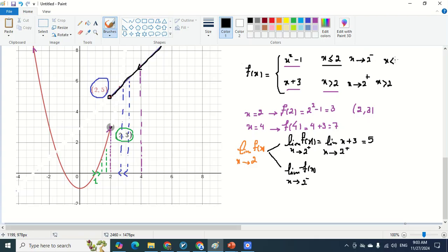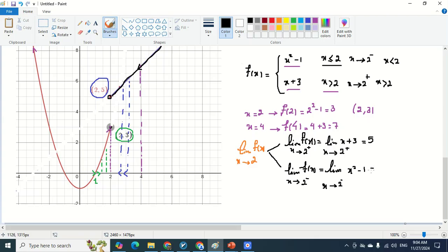So for values less than 2, we have this condition for f(x), meaning that over here, instead of using x plus 3, we should use x squared minus 1, because x tends to 2 from the left side. And as you can see, x tending to 2 from the left side reaches us to this value.